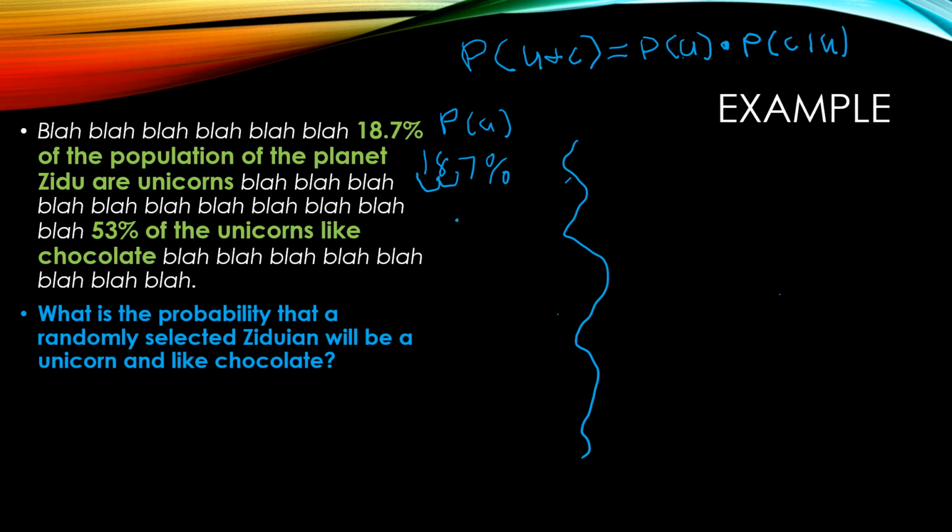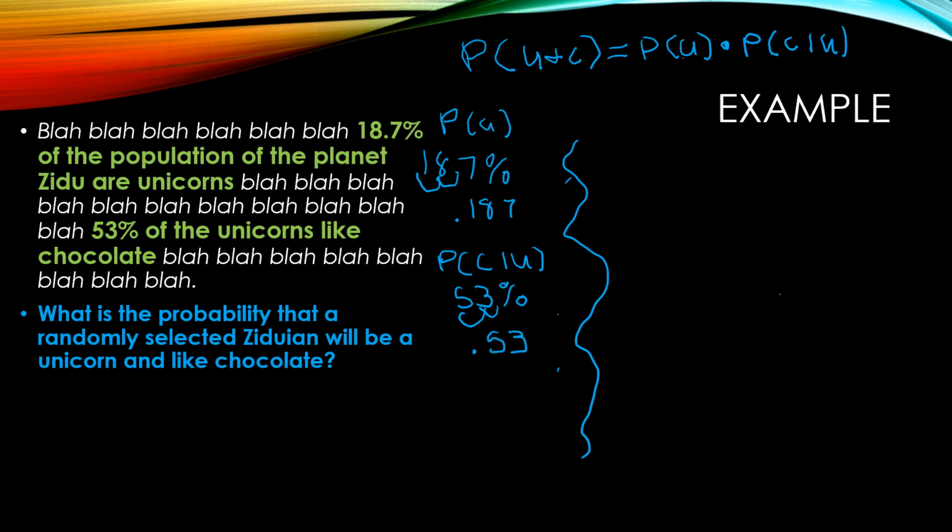So we're left with 0.187. Now what's our conditional probability that we're looking for? The condition is that they like chocolate given that they're a unicorn. And that probability of C given U is 53%. And again, we're going to change that into a decimal, moving it over 2 places to the left to 0.53.